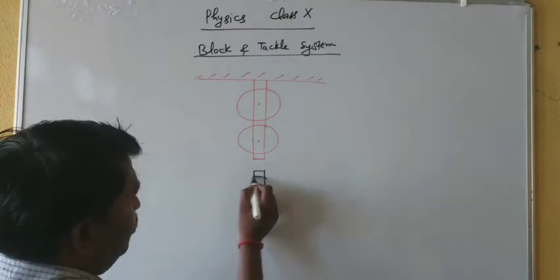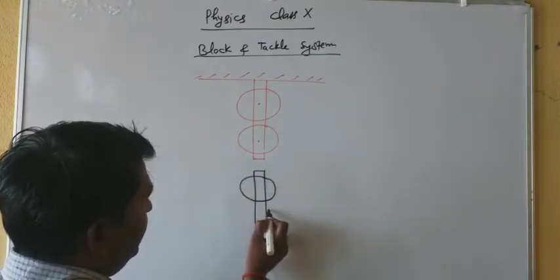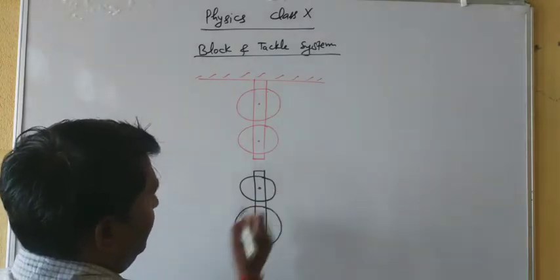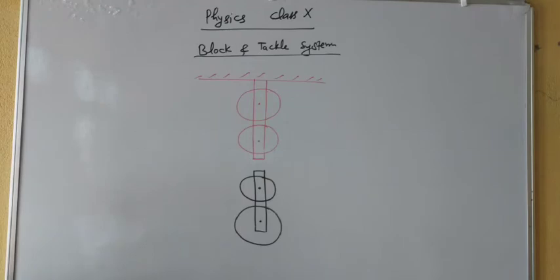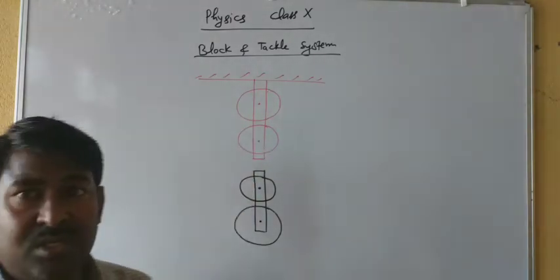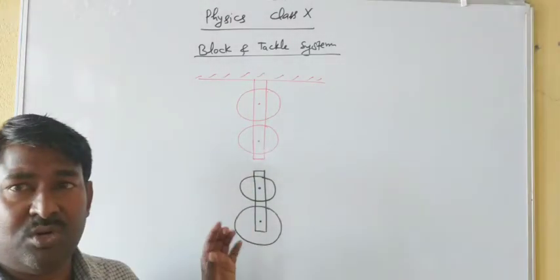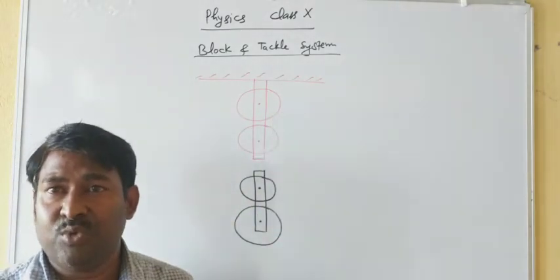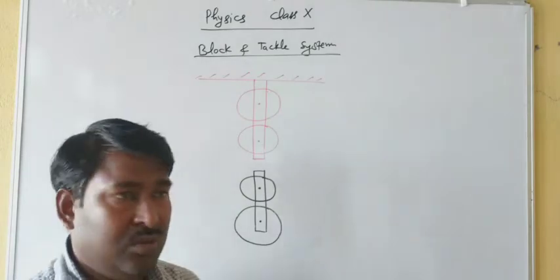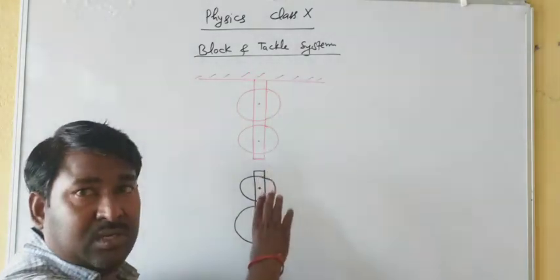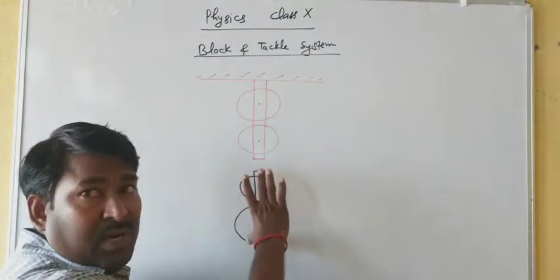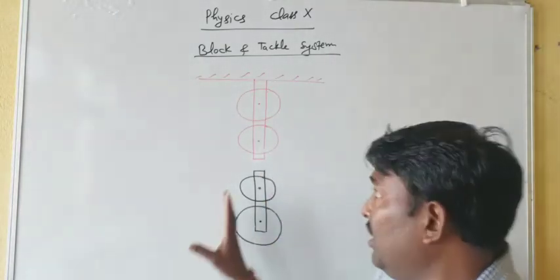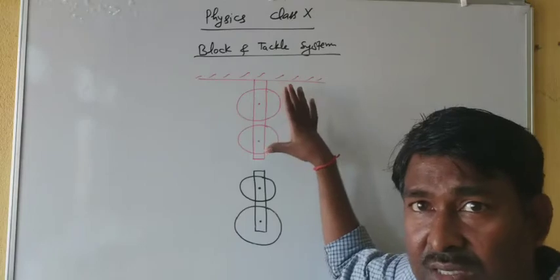Here, the number of pulleys in the lower block may be equal to the number of upper block pulleys, or it may be one less than the number of pulleys in the upper block. The lower block, having some pulleys, is movable while the upper block is fixed.